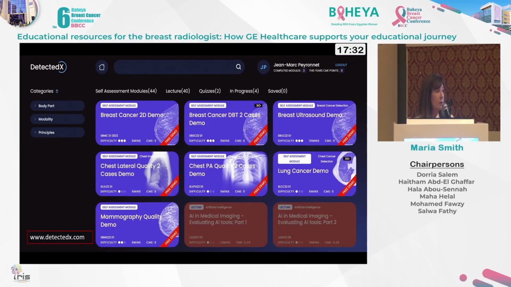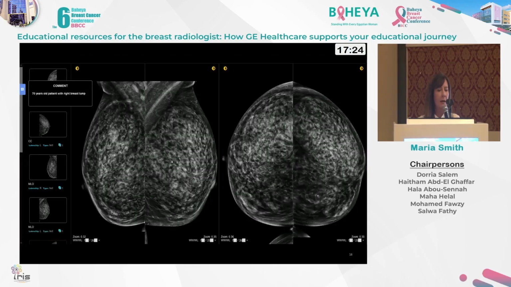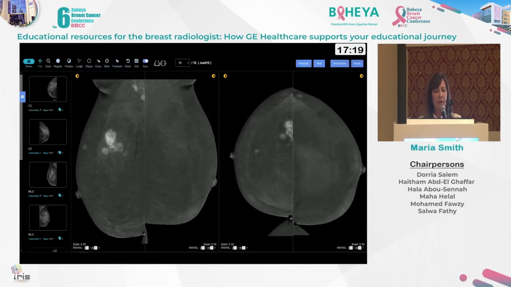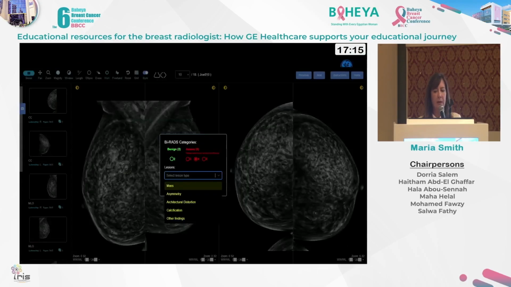So this is what it looks like. You can log on and access it, and you can go through the cases at your own leisure. It gives you a little bit of history about the patient, and then the ability to detect where you think the cancers are and what the BI-RADS categories are. You're able to select that, and then find the lesions.